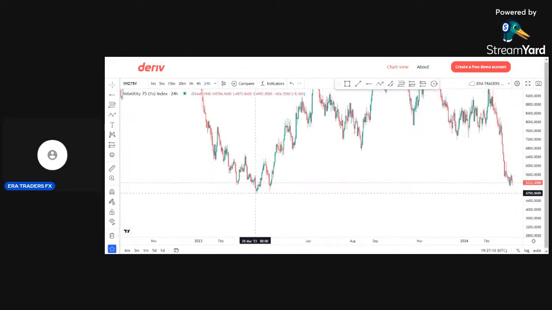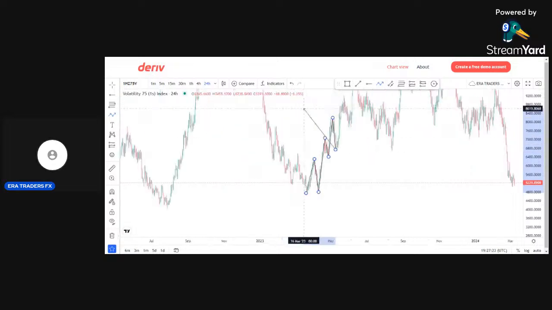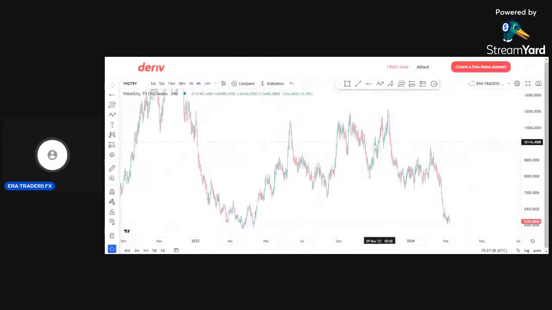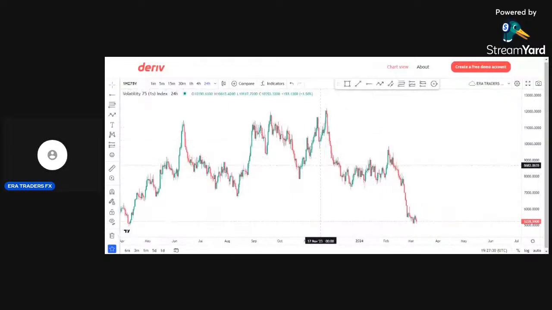You can see failure swing, price came into the region of the mitigation block, came up, continued the trend and all that. So that's that. I'm just showing you examples of mitigation blocks, breaker blocks. So we saw this one, a clear one.